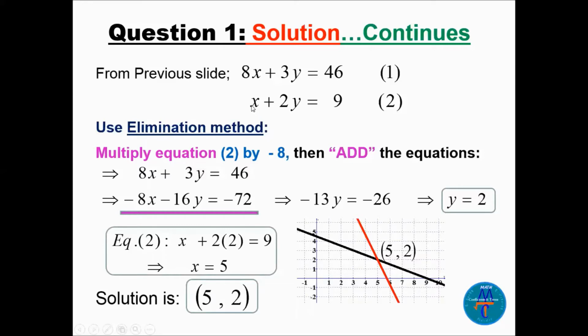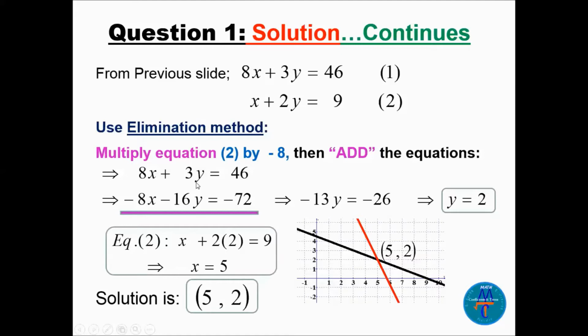So I can choose equation number 2, which is x plus 2y is equal to 9. If I multiply on both sides by minus 8, then 8x and minus 8x will be canceled when I add the equations, because in the elimination method, we prepare the equations, then we add them.